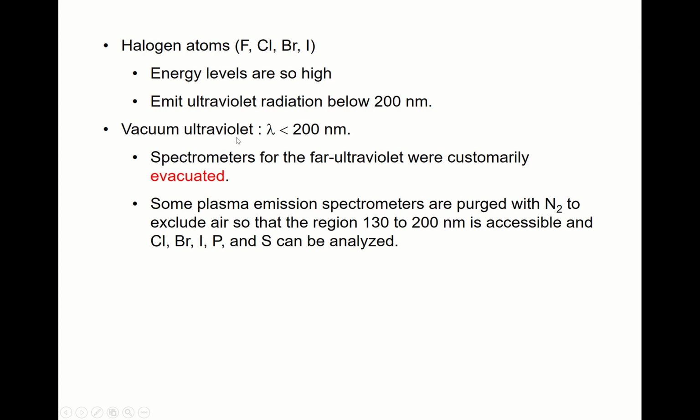that this electromagnetic radiation cannot pass through the air. Why? That's because this radiation is scattered by air molecules. That's why we need to make the spectrophotometer inside a vacuum for this far ultraviolet radiation.